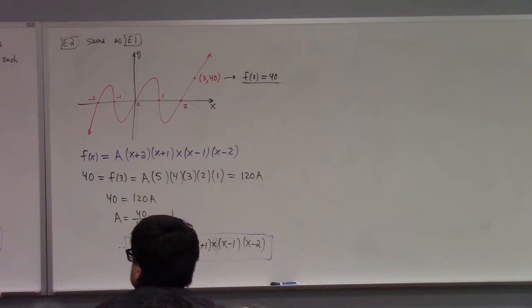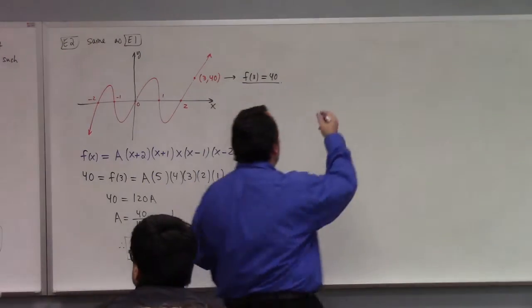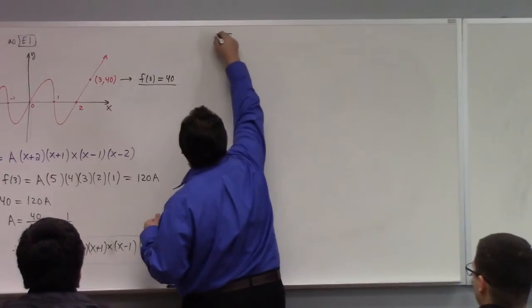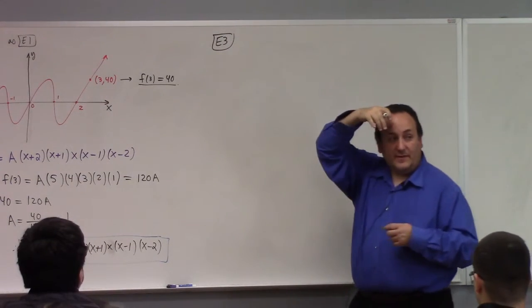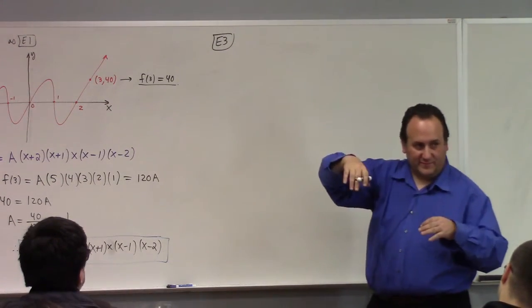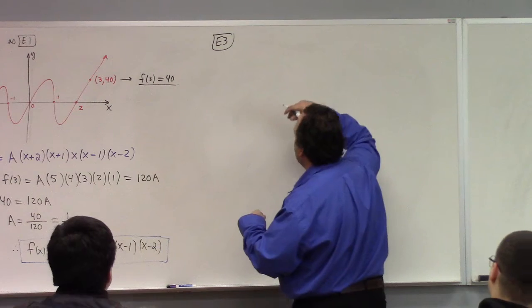Example 3 is going to be a little bit different. Now, there are examples where you have to multiply out, but it'll be more obvious which one that is, okay? Our example 4 will be like that.